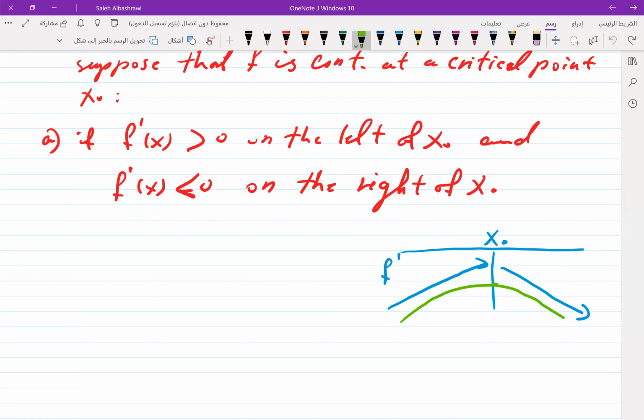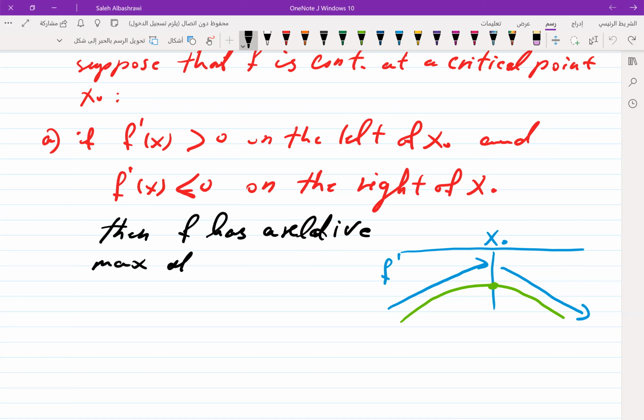In this case, the function f has a relative maximum at x sub 0.